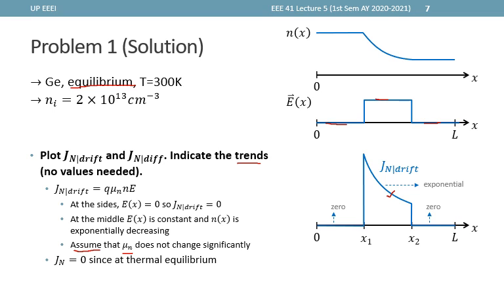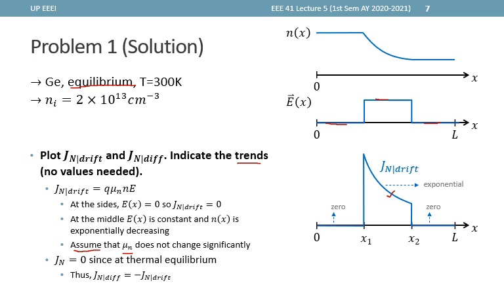So for the diffusion current, we'll not use the expanded formula for Jn diff. We can simply use the fact that the material is in thermal equilibrium, and when it is in equilibrium, the net flow of electrons must be equal to 0, and that in formula is Jn equal to 0.